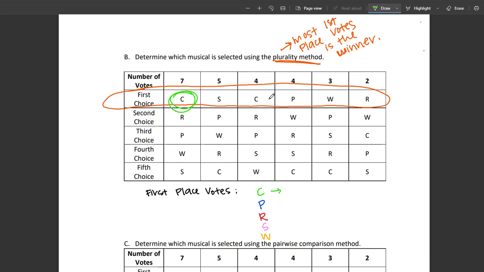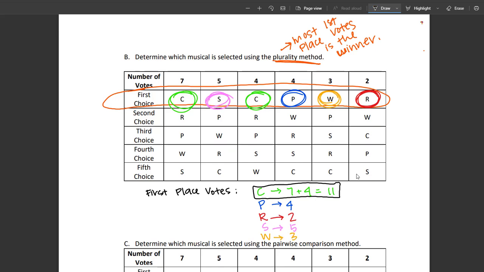We have 7 here and 4 here. So 7 plus 4 gives us 11. For the Producers, we have 4 right here. So we have 4 first place votes. For Rent, we have 2 right here. For Sweeney Todd, we have 5. And then West Side Story, we have 3. So the winner would be Cabaret.